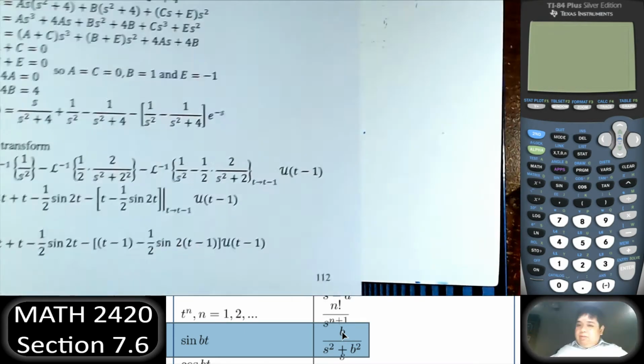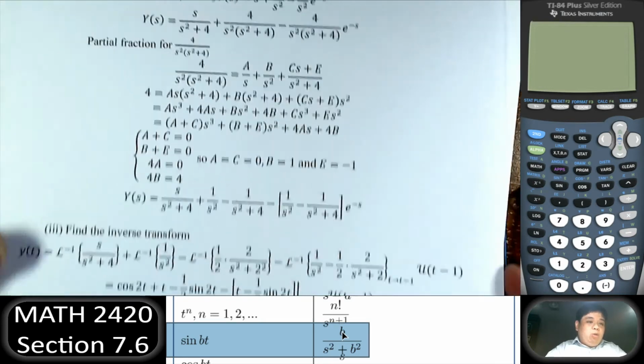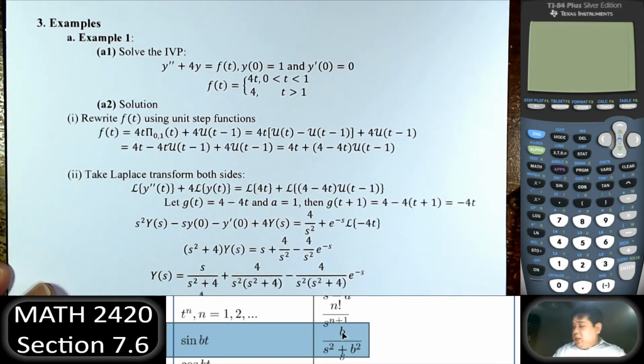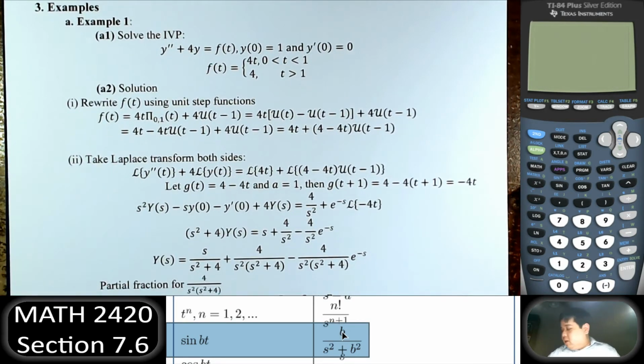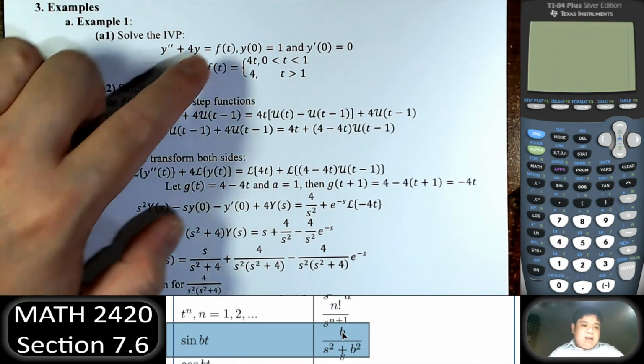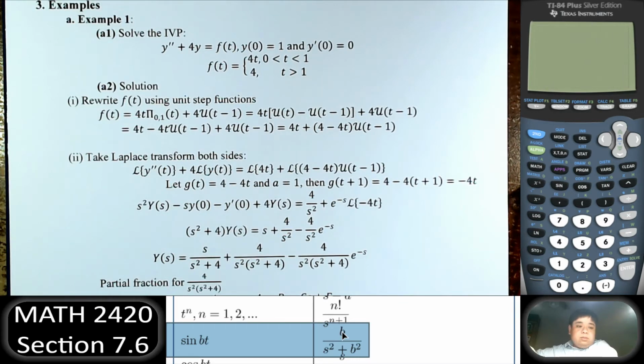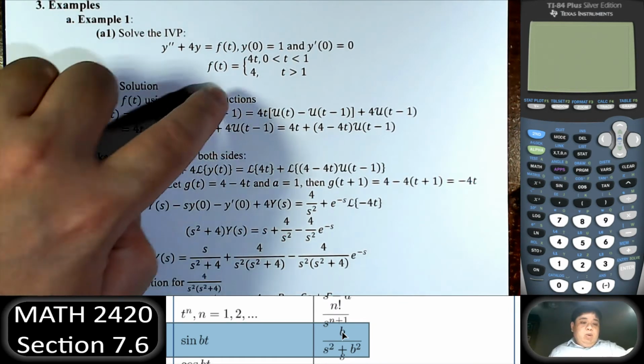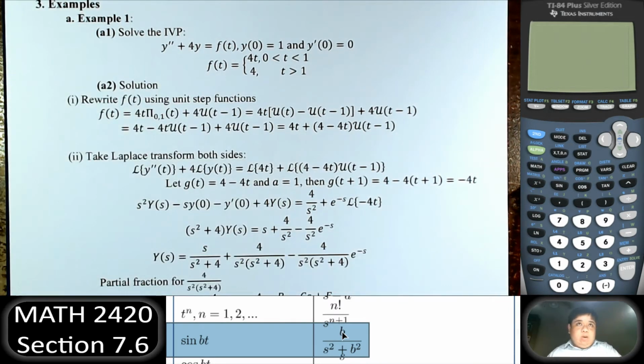Now I go back to a problem where we have the initial value problem. Solve the initial value problem where the input function f of t is equal to 4t from 0 to 1 and 4 when t is greater than 1.